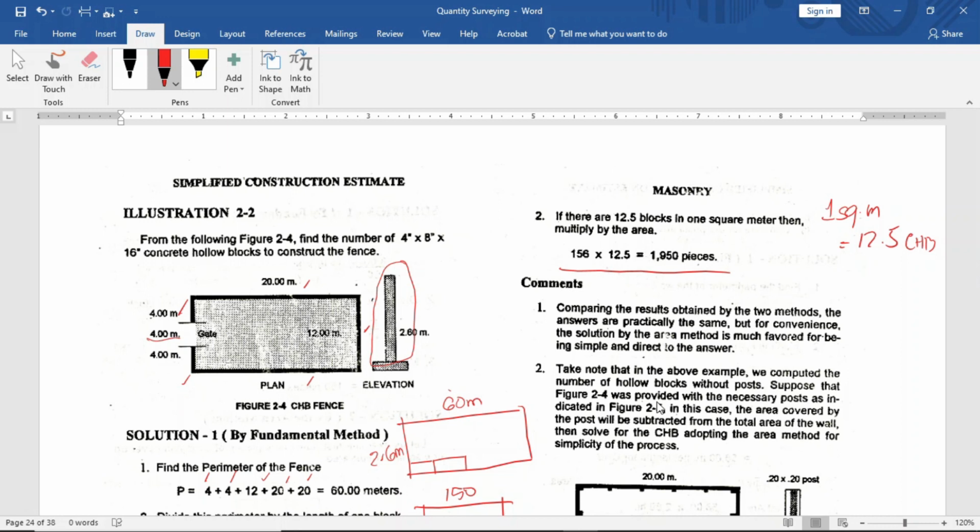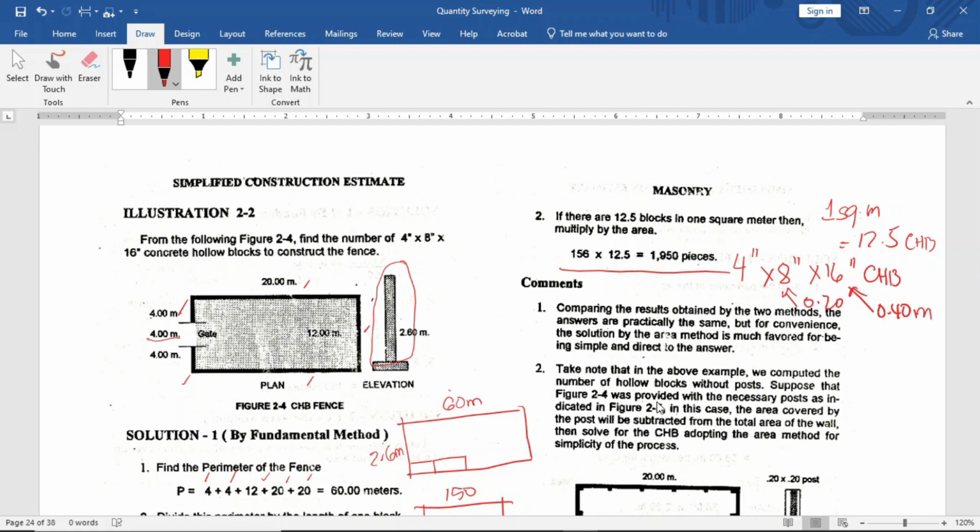Tulad nga sinabi ko kanina, hindi maapektuhan ng thickness yung number of CHB. So there are 1,950 pieces of 4 inches by 8 inches by 16 inches CHB. So ito po 0.2, ito naman 0.4 meters.